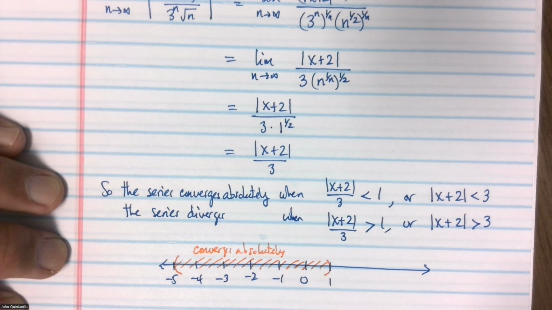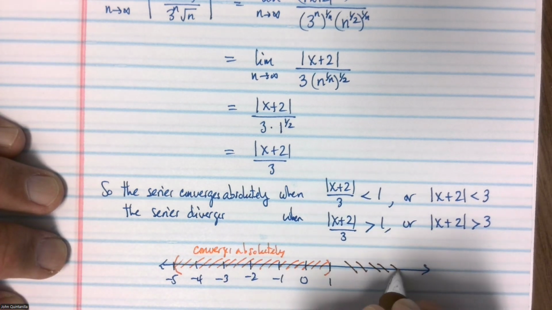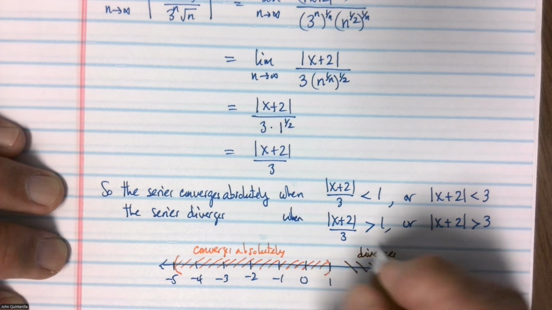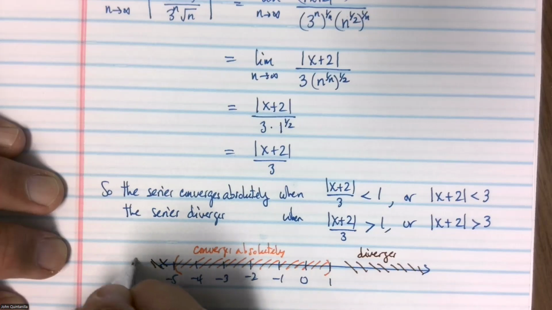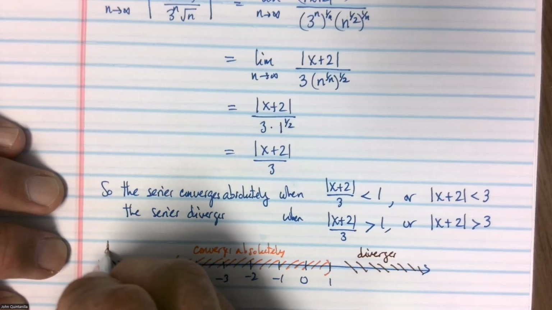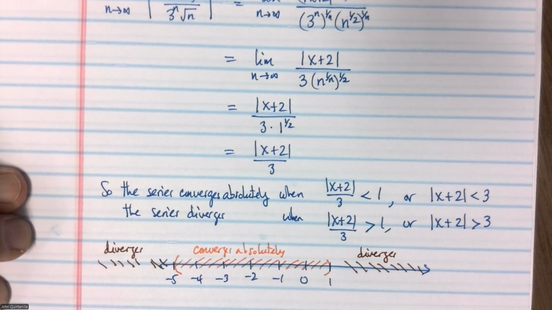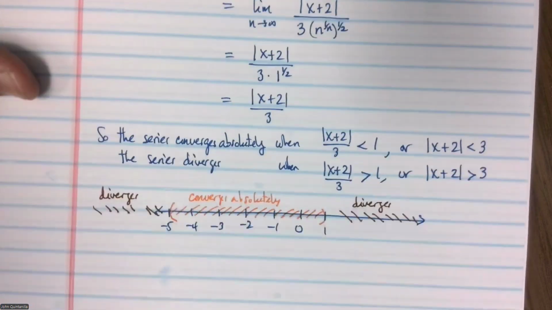Out here to the far right, if x is greater than 1, it diverges. And likewise, out here to the far left, it would also diverge. Okay, so that counts for pretty much all points on the number line except for the two endpoints, 1 and -5.